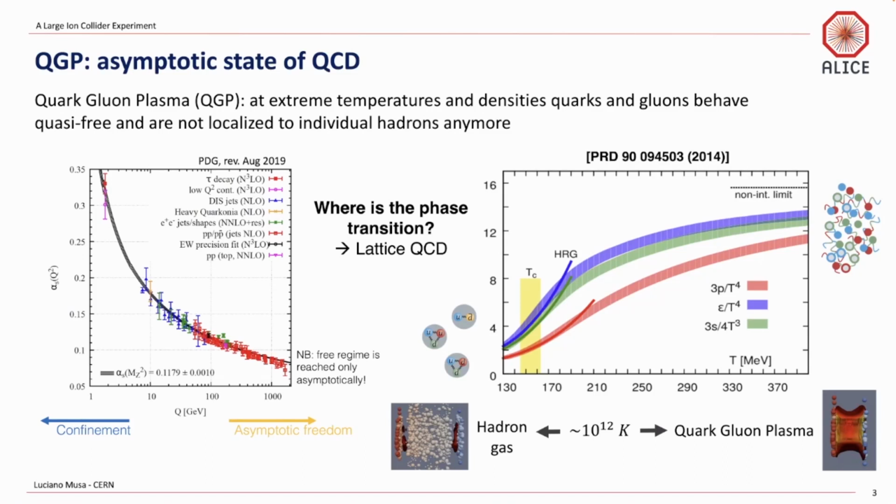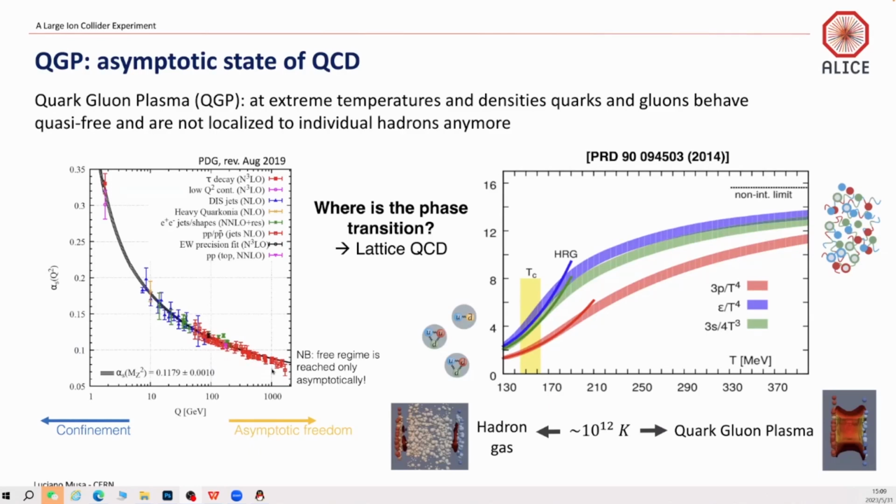So the fact that the interaction between particles becomes weaker when the momentum exchange of the interacting particles is large, or alternatively when considering short distance interactions. As a consequence, the coupling constant depends on the momentum scale of the interaction.